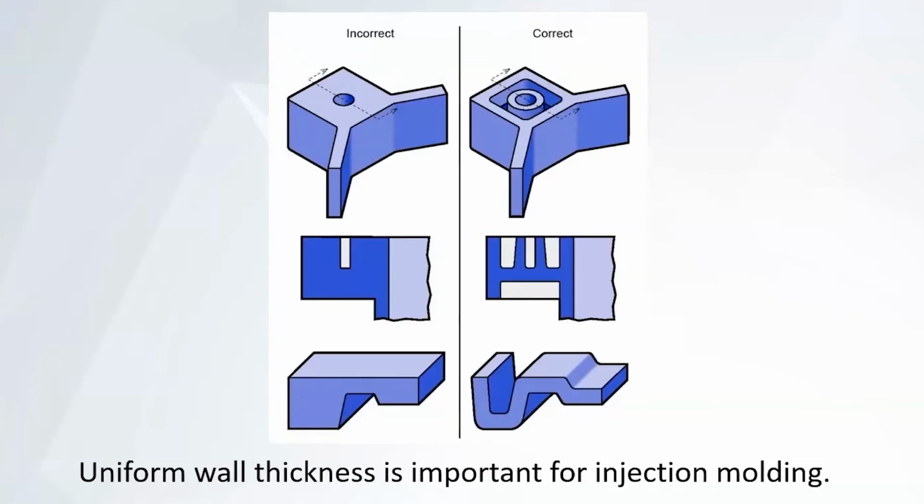Another important requirement for injection molding is uniform wall thickness. And the reason for this is you want the plastic to cool off uniformly. In this first part, if you have this huge block of plastic and then you have these thin walls, well, once the plastic's injected and it's molten, it's hot, then you have to allow the part to cool.